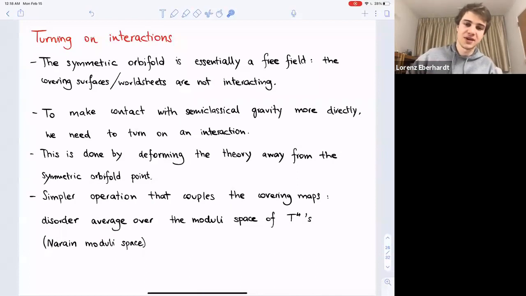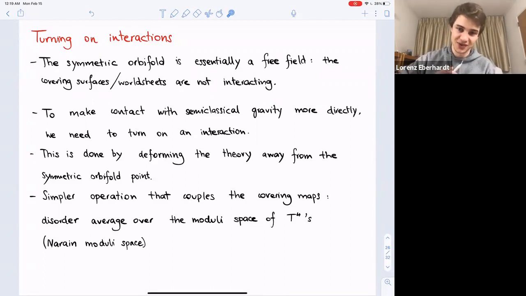Okay, so now I have some comments on how this condensing works a bit more manifestly. The problem here is that the symmetric orbifold is maybe too free to see how gravity should emerge. One way of saying this is that these covering surfaces or worldsheets, depending on how you interpret them, are not interacting at all.